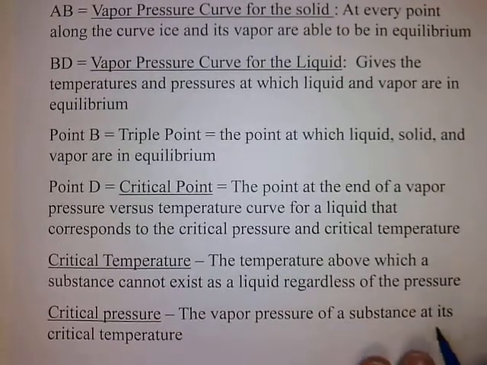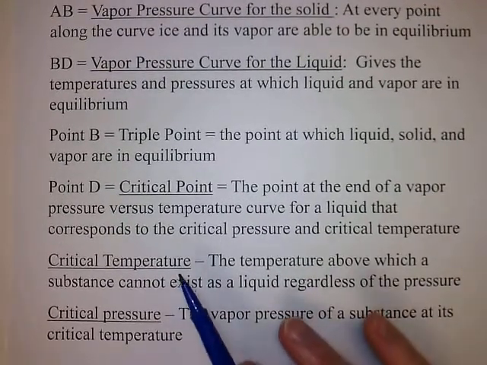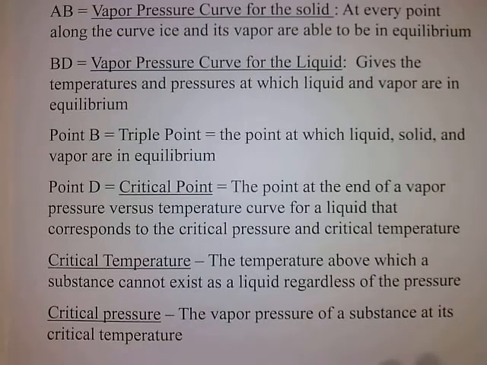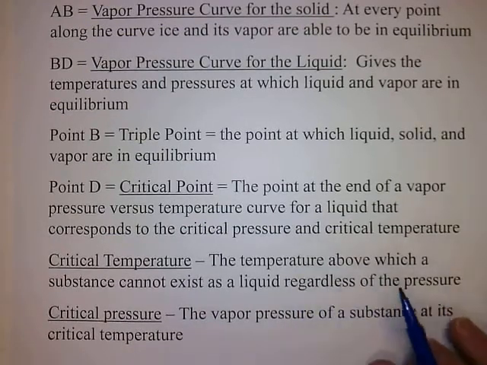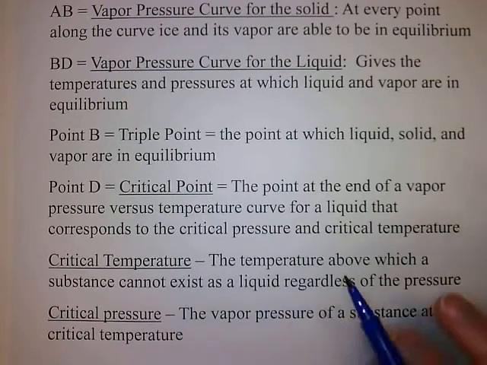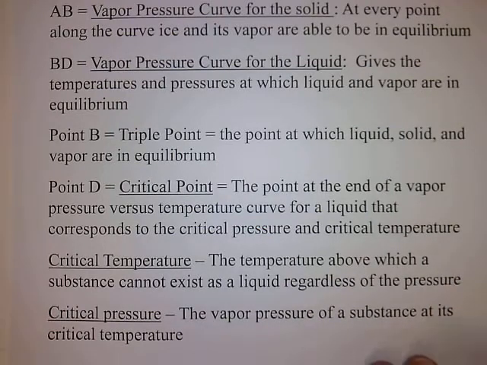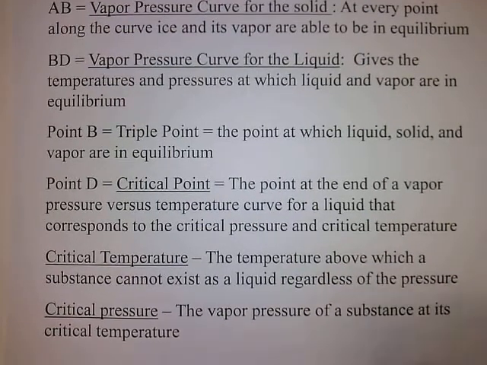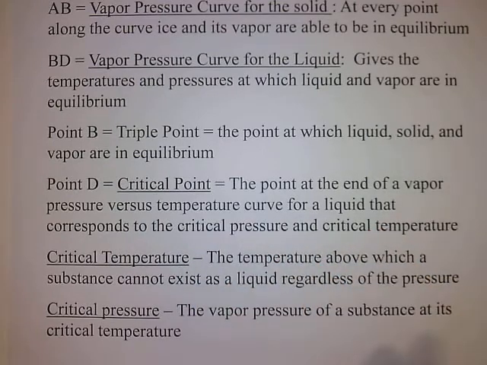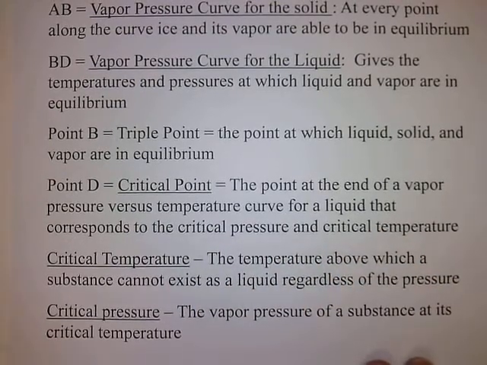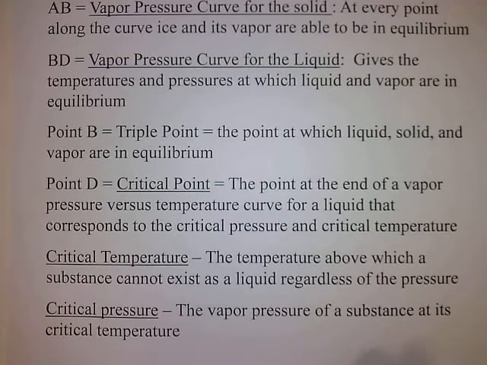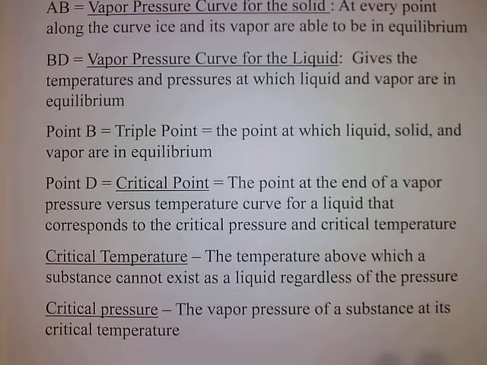The critical temperature is the temperature above which a substance cannot exist as a liquid regardless of the pressure. Beyond that temperature, it can no longer be liquefied. That's the critical temperature.